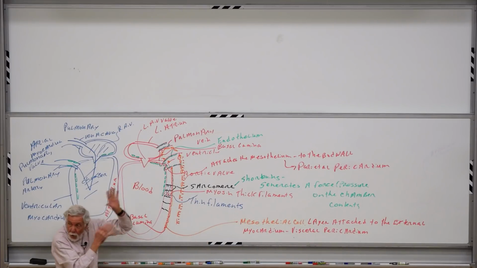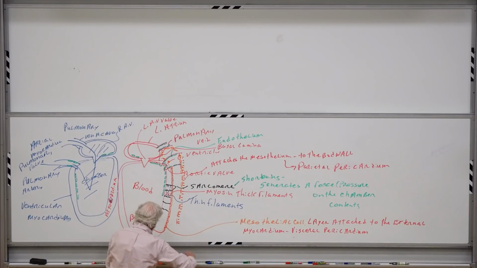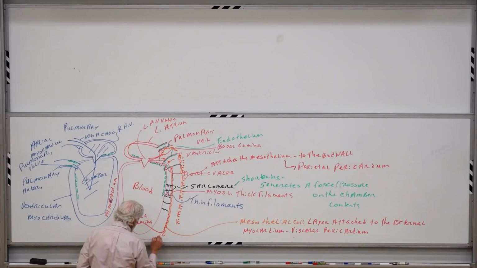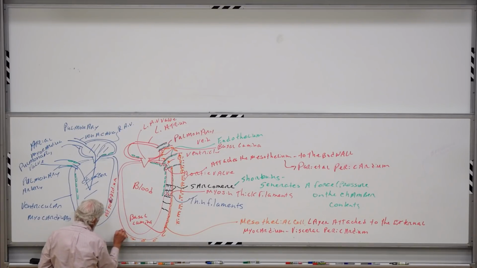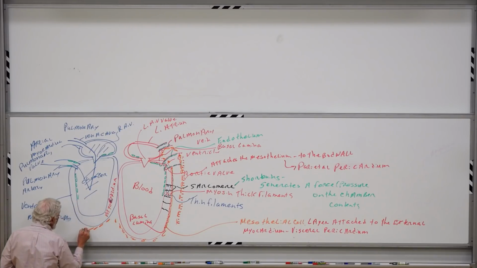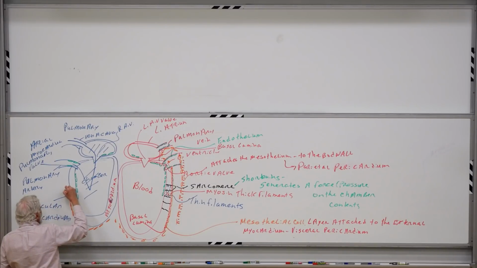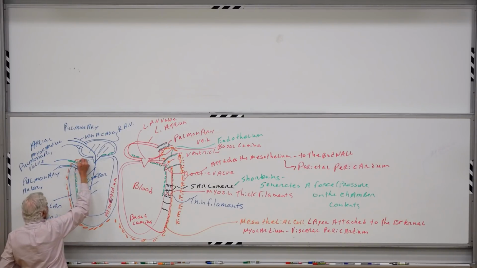So what I'm trying to convey here, and it's true all the way around the heart, is that there's a layer of mesothelial cells attached to the external wall of the heart, but there's also another layer that loops back and attaches to the body wall.